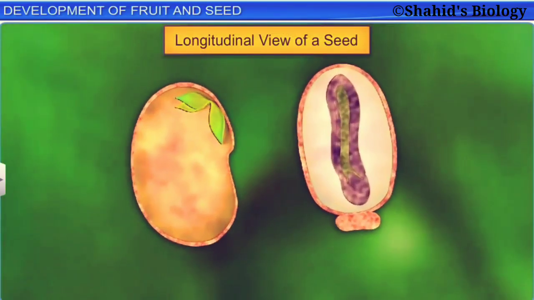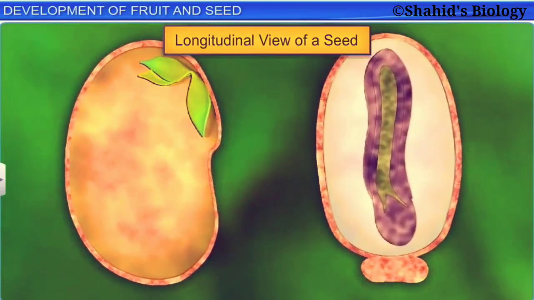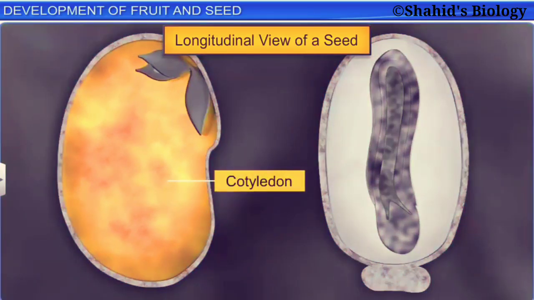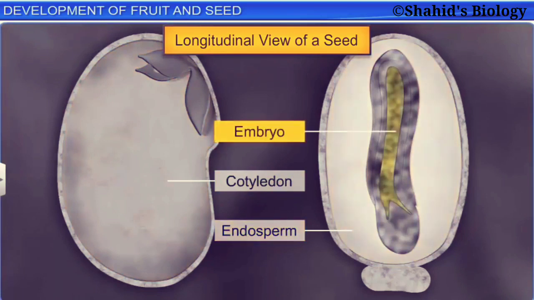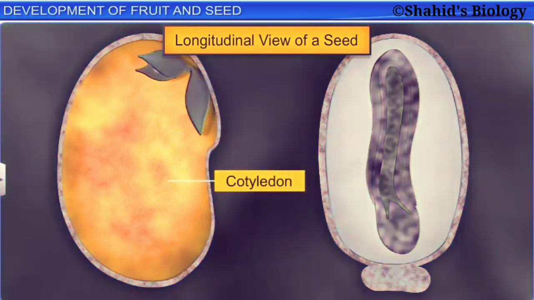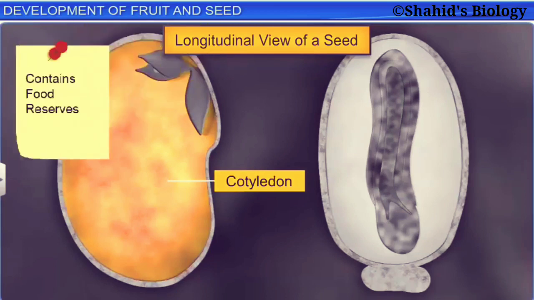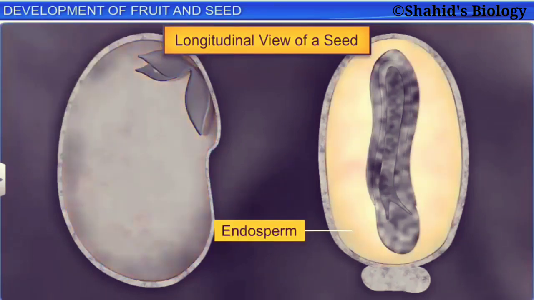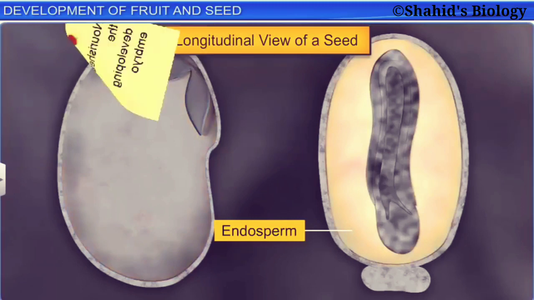Inside the seed coat lie one or more cotyledons, as well as the endosperm, embryo, and embryonal axis. The cotyledons, which are often fleshy and swollen, contain abundant food reserves. Endosperm, on the other hand, is a nutritive tissue nourishing the developing embryo.